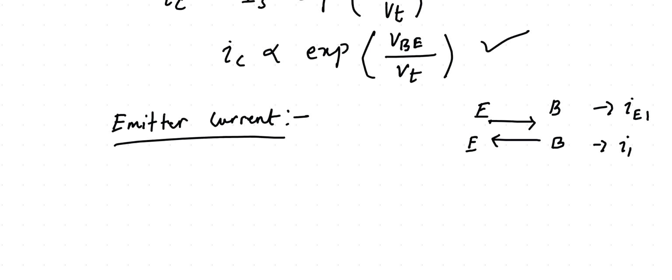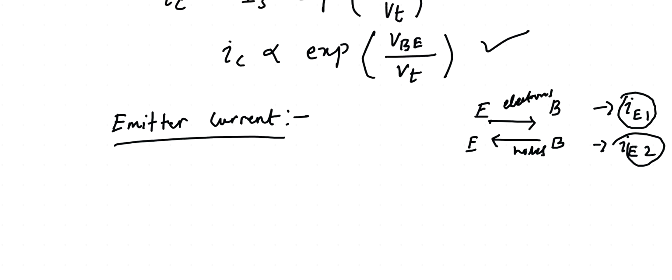So this component of emitter current is not part of the collector current, because this IE1 is what actually reaches your collector, which we have already determined as the collector current. But this IE2, which we got because of the injection of holes from the base towards the emitter, we have not considered.